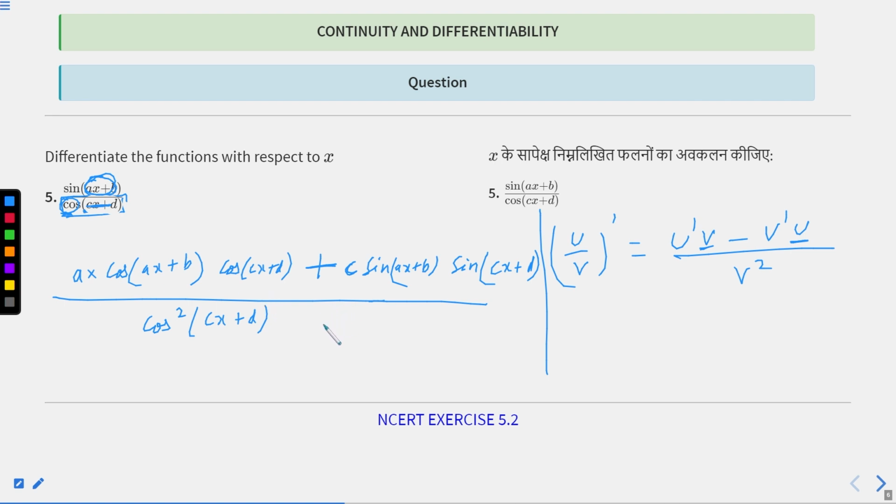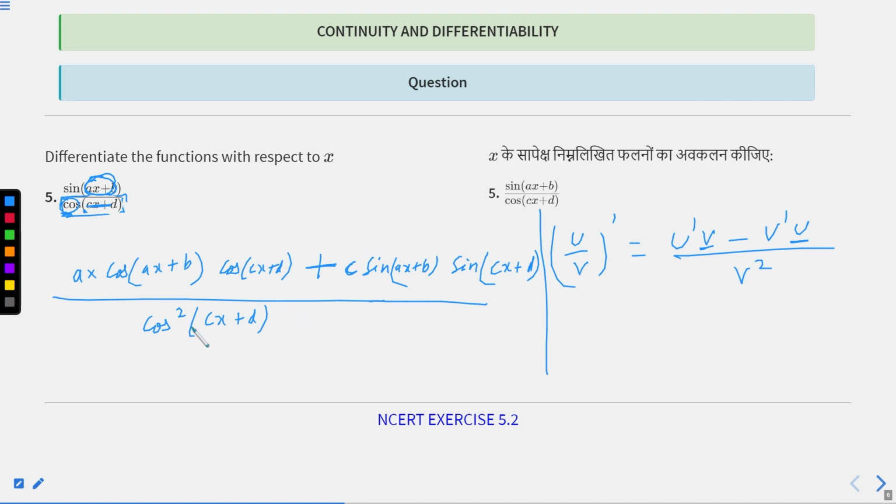If you want to simplify it further, you can do it.